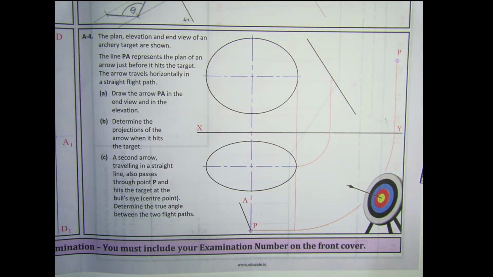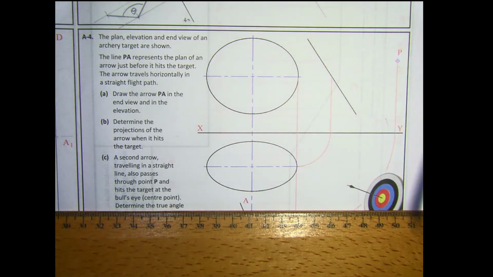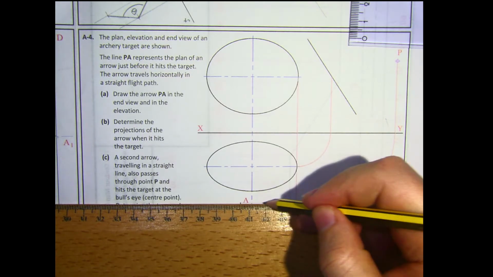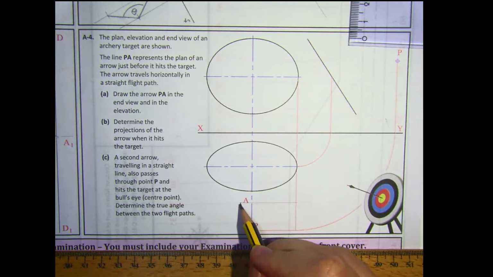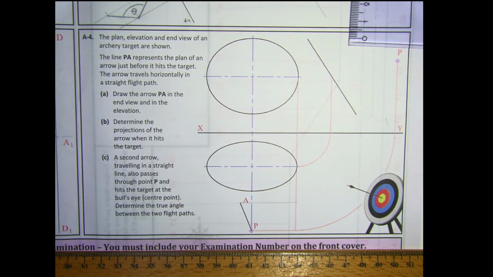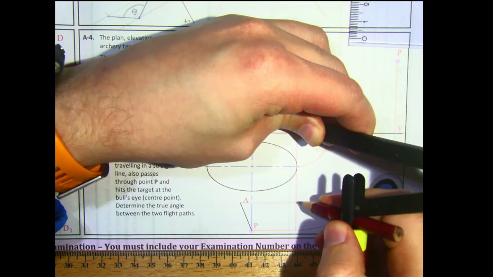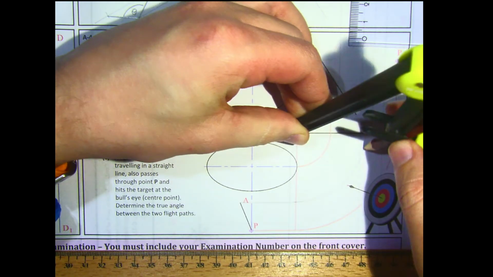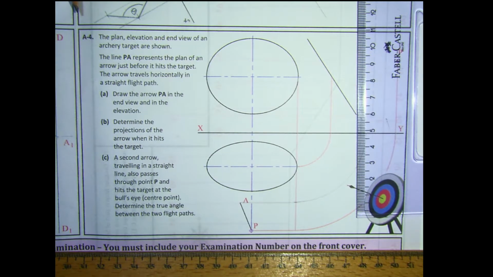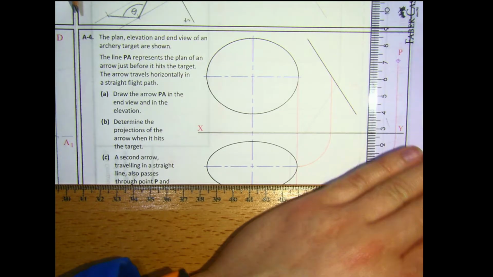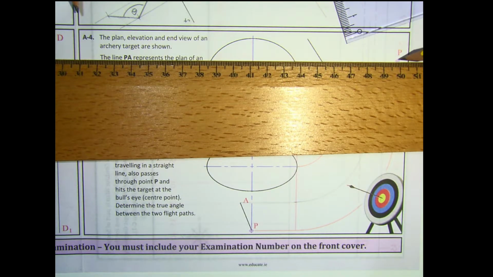So looking at the first part of it first, we're just going to take the end point of it, point A, and we're going to find that up in the end view. So the end point of the arrow, we're going to rotate that around and project it up into the elevation, so that it travels horizontally. So that's going to come across this way.